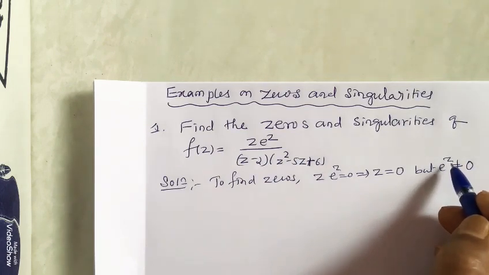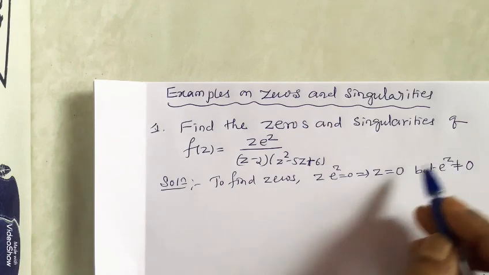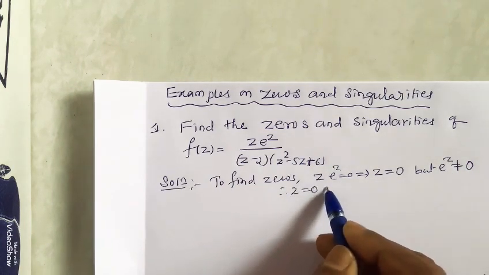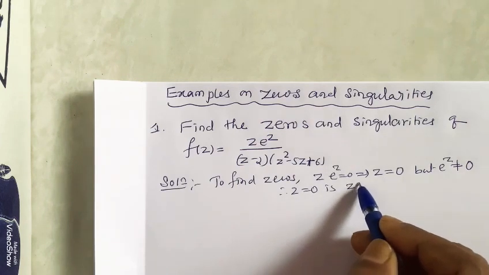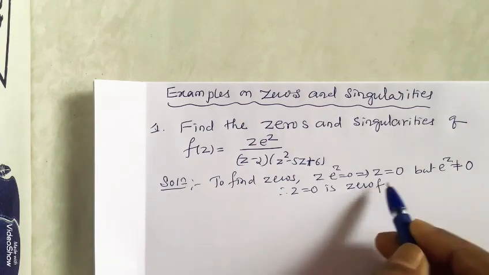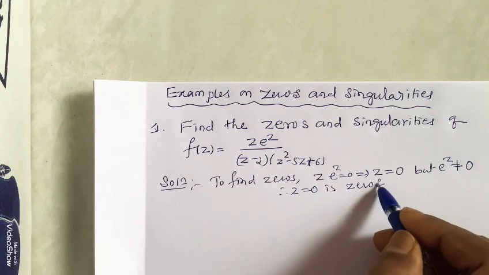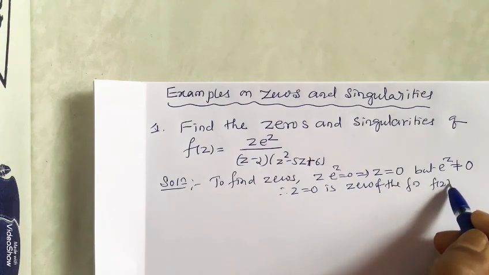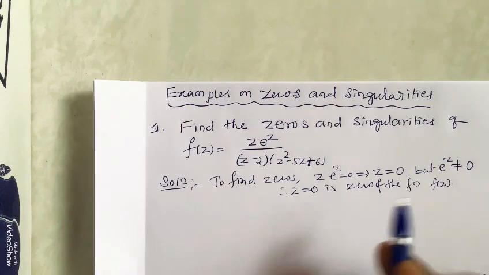It is 0 only for z equal to minus infinity. Therefore, you can say that z is equal to 0 is a zero of the function f z.